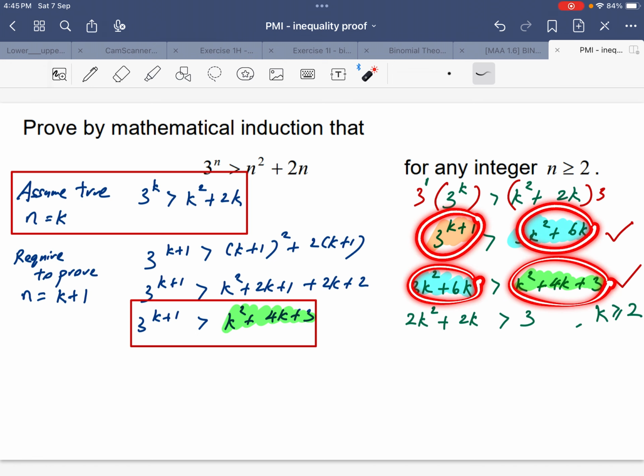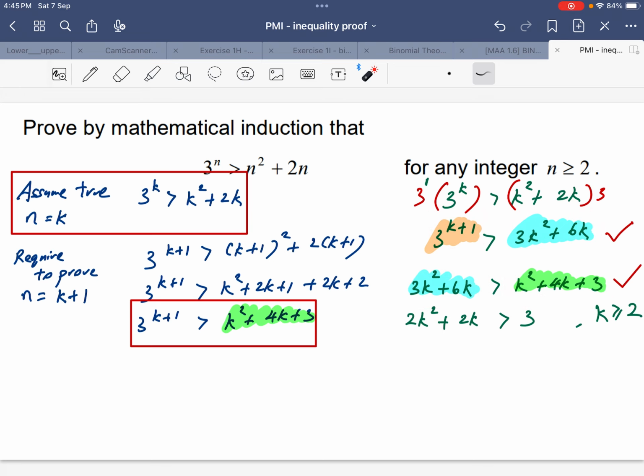Is it true that I can conclude that then the brown must be greater than the green? Am I making sense? It's correct, right? All right, so we can conclude that by, okay, maybe you don't have to say that. You just have to put a dot, dot, dot. So the blue is greater than the green color parts.